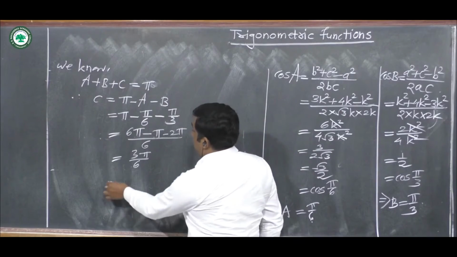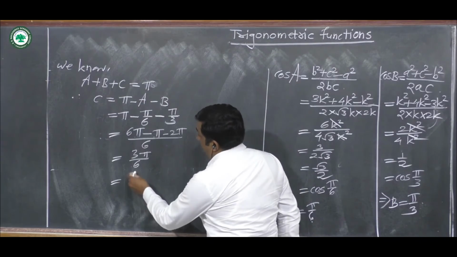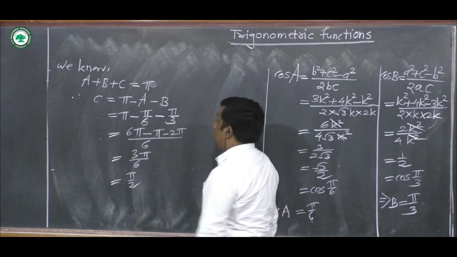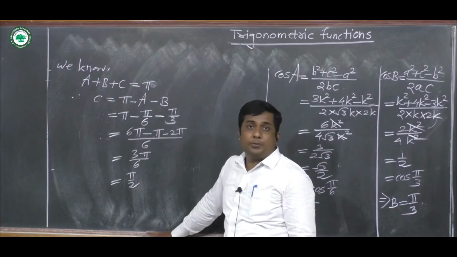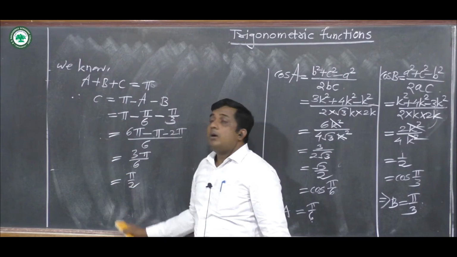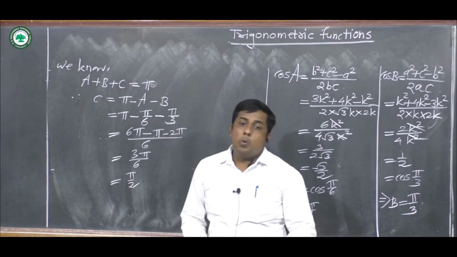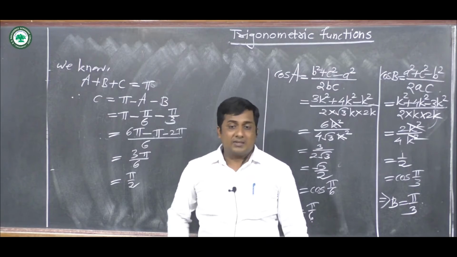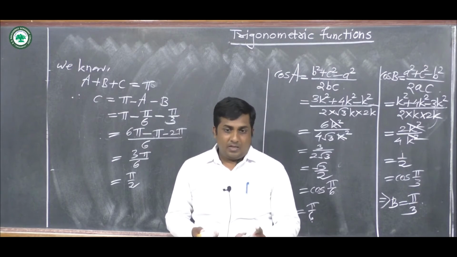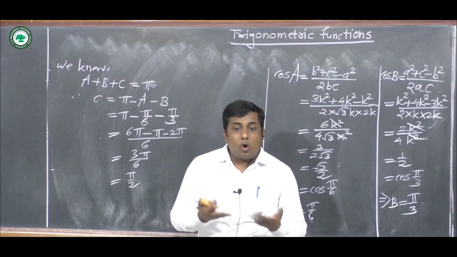Now this is equal to pi by 2. Angle C is pi by 2. Now we know the angles A, B and C, and we have to find the ratio of the angles.